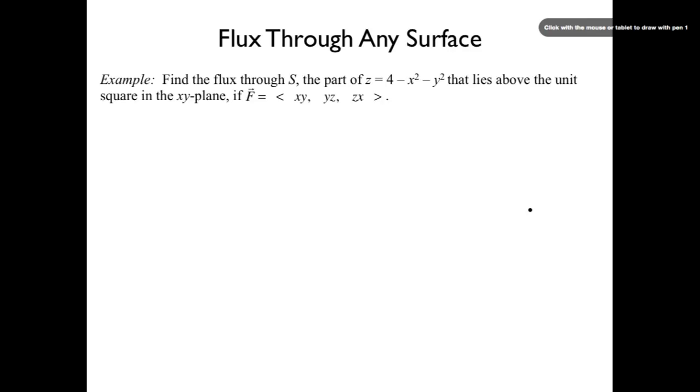So let's sketch that. What is 4 minus x squared minus y squared? It's not a cone. Paraboloid, right? So this is like z equals x squared plus y squared, but flipped and up 4. So it's a paraboloid. And then over the unit square. So we only want the part of it that is above the unit square.